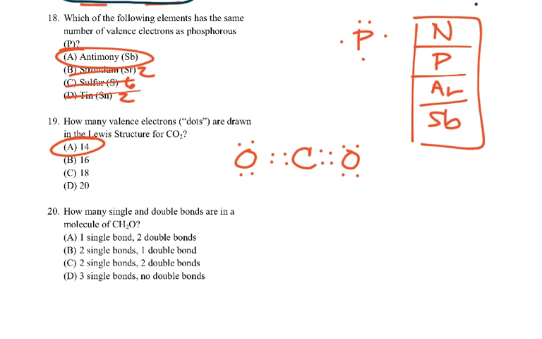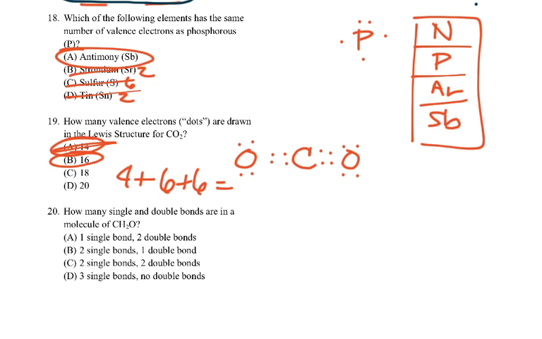The other way to do that is we know carbon has 4, because it's in column 4. Each oxygen has 6, so 4 plus 6 plus 6 is 16. Oh no, I did that wrong. 16. I'm glad that I stopped and did it twice, because I can't count correctly. 16 dots for CO2.